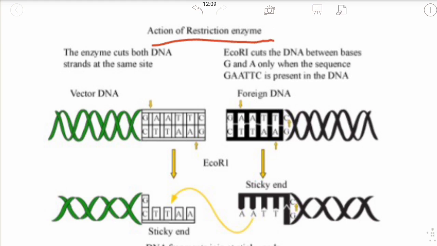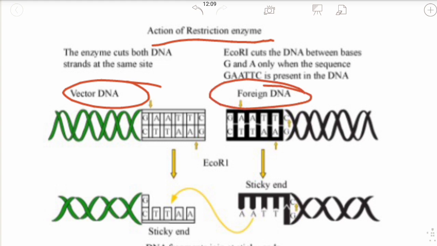Action of restriction enzyme. First, we must take vector DNA and foreign DNA. Vector DNA will transfer the piece of DNA. So, here there are palindromic sequences. These are palindromic sequences. They have the same words, GAATTC, backwards as well as forward.